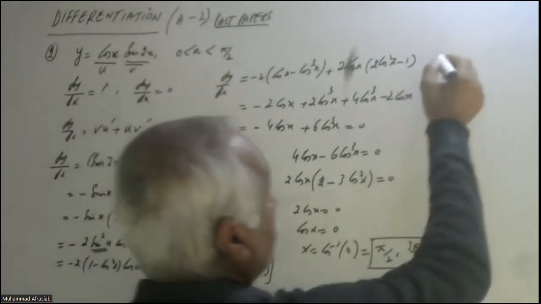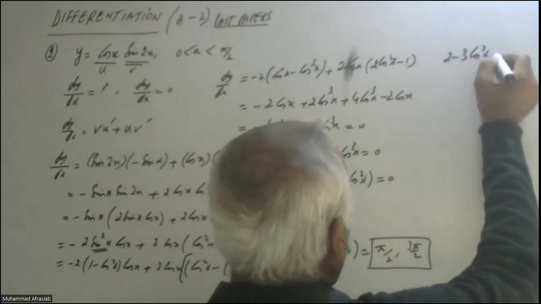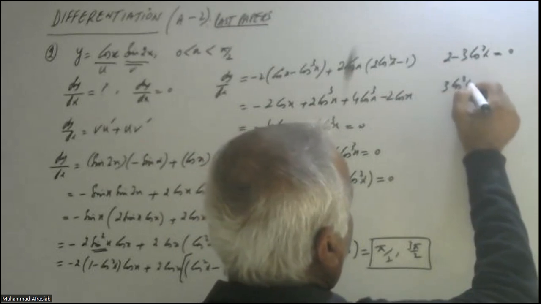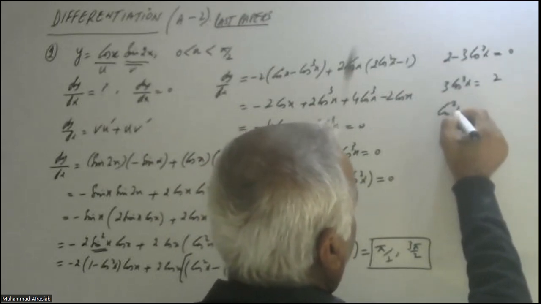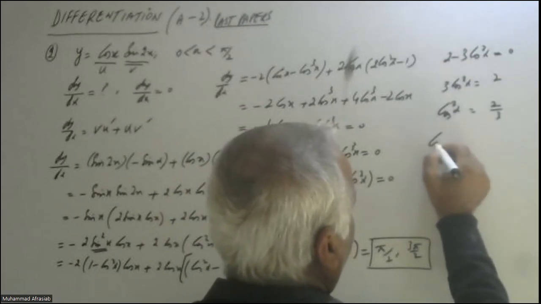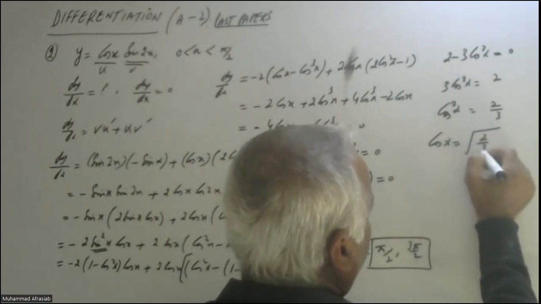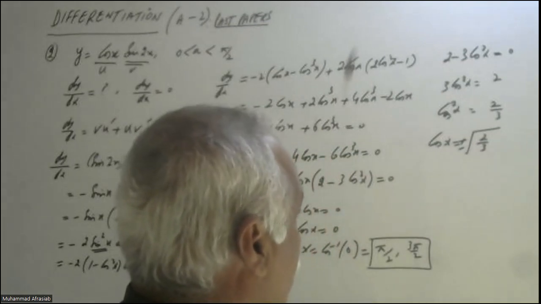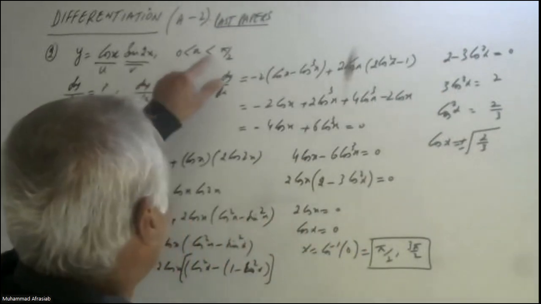Then we will use 2 minus 3 cos square of x is equal to 0, or 3 cos square of x is equal to 2, or cos square of x is equal to 2 by 3, or cos of x is equal to square root of 2 over 3 with a positive and negative sign. But again, we know that our range is from 0 to pi by 2.